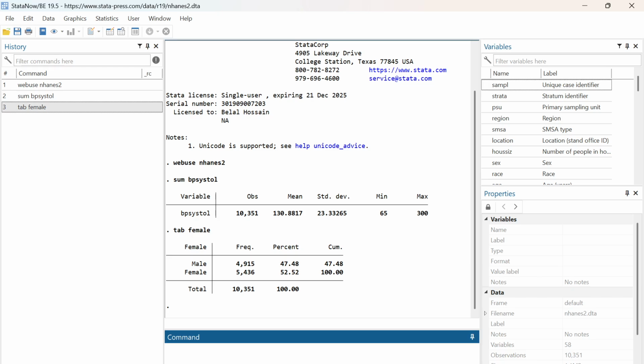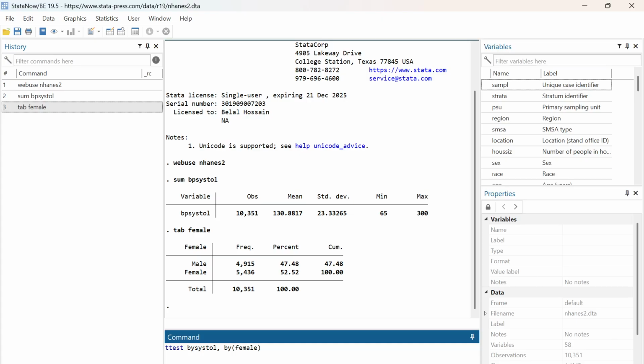They're independent groups, male and female, and we check whether the mean outcome for both groups is different or not. So to do that, we're going to write a code called ttest BP systole, comma, by, and then the categorical variable female.